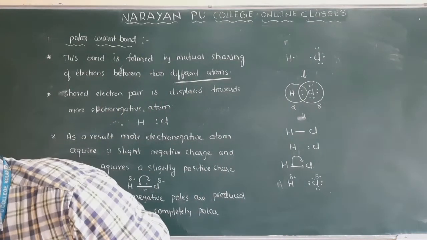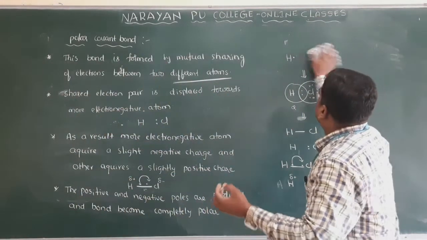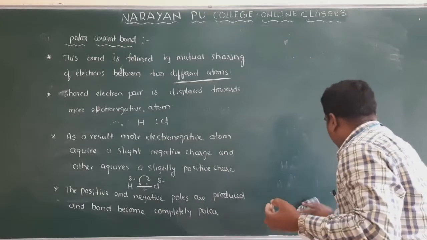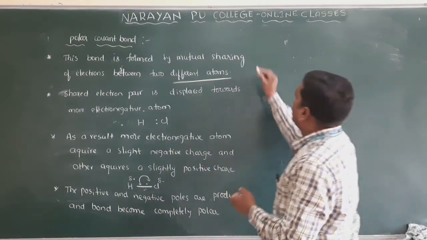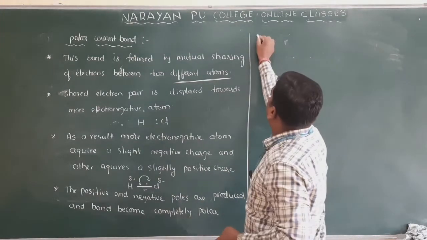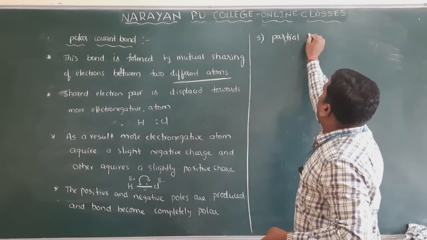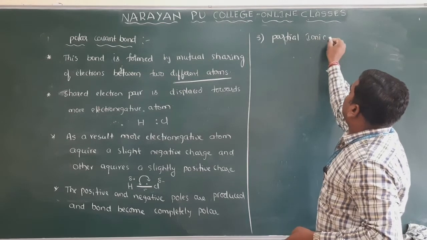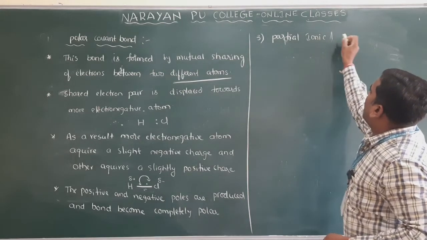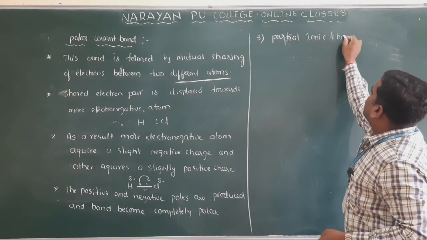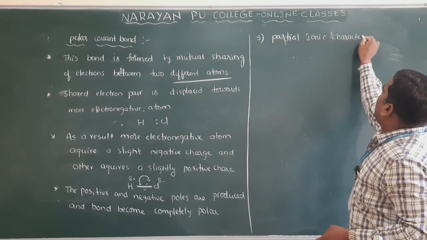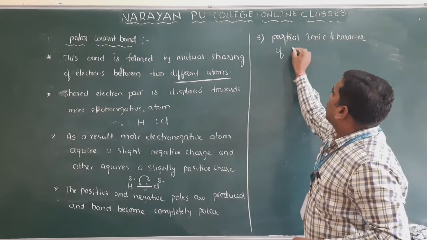And the third one is partial ionic character of covalent bond. Put the third one here: partial ionic character of covalent bond.